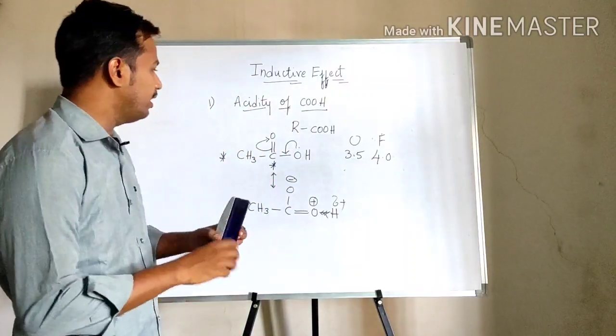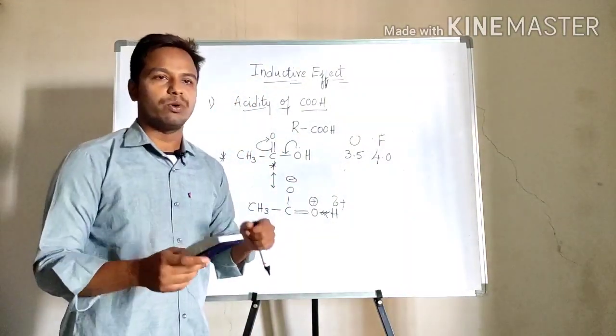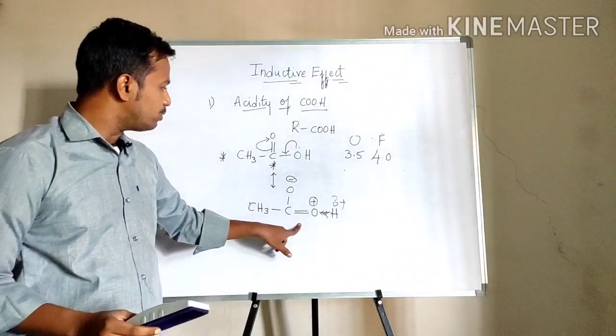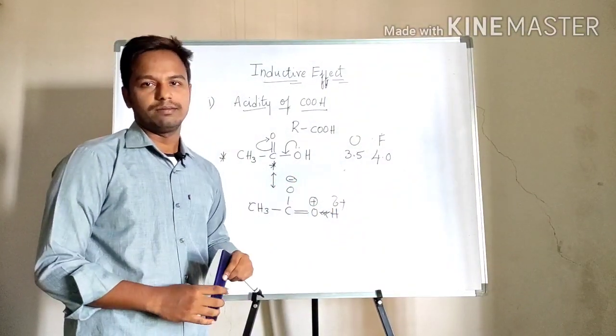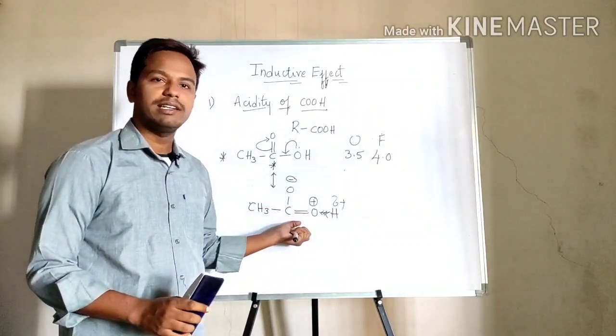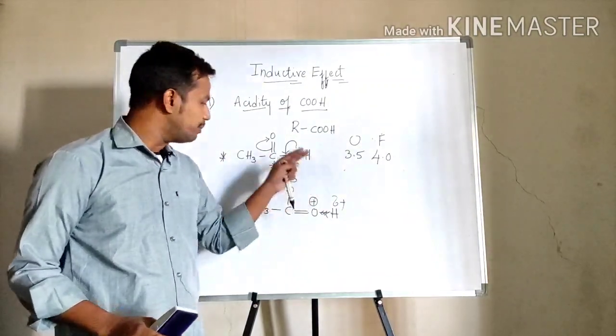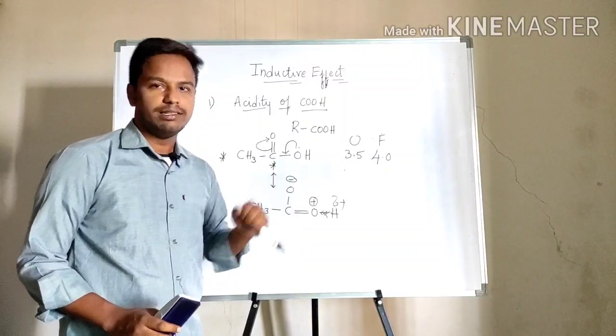According to Arrhenius theory, any species which liberates a proton or hydrogen ion is called an acid. In this way the carboxylic acid releases a proton, which makes it acidic.